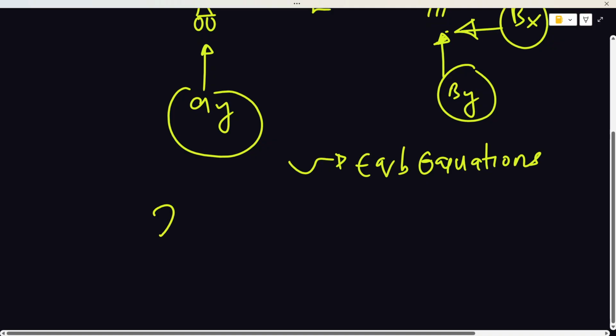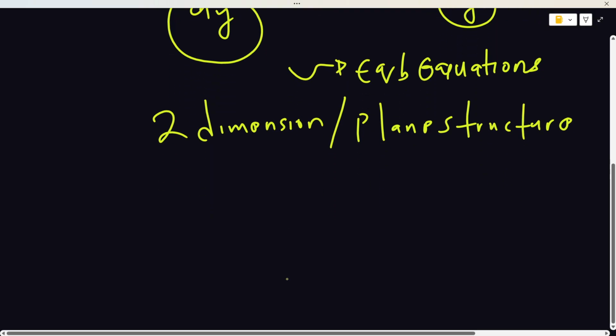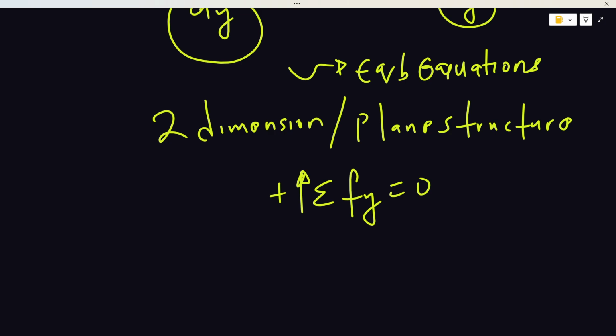For a 2-dimensional, that is a plane structure, we're just going to be considering 3 of those. That is summation Fy equals 0, let's say positive. Summation Fx equals 0, let's say positive.